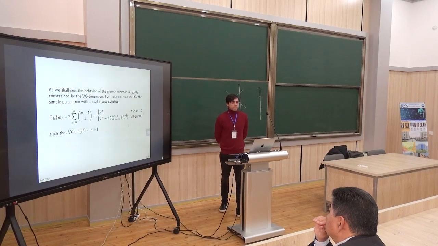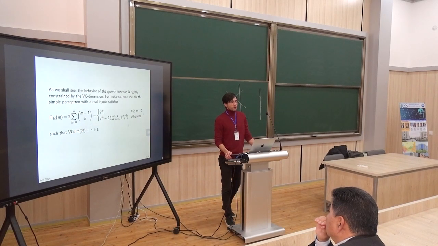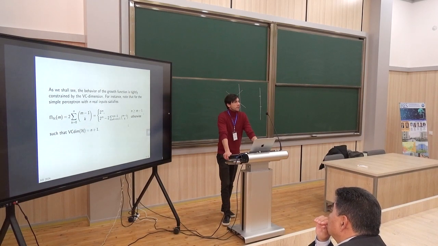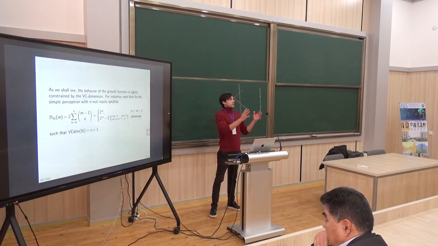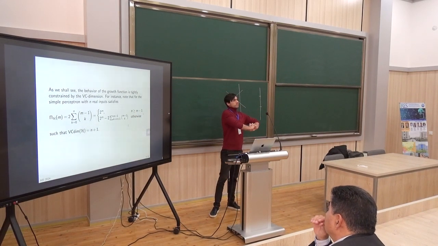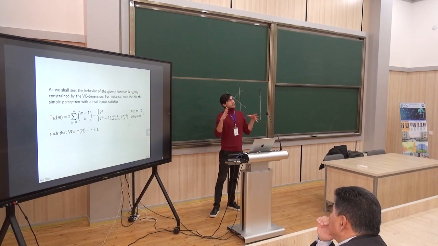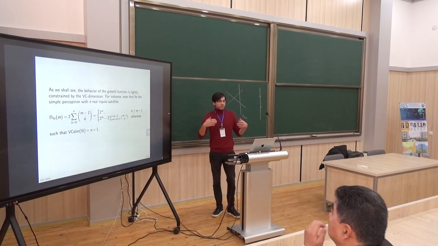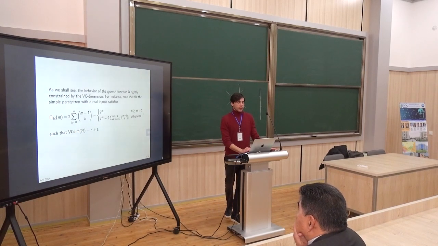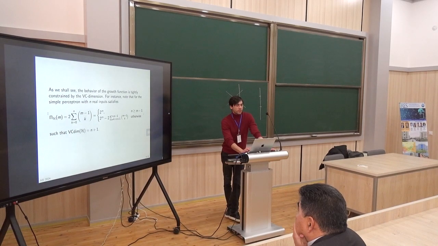We will see that the behavior of the growth function is tightly connected to, and tightly constrained by, the VC dimension. The growth function is the number of dichotomies that you can express on a data set of a particular cardinality, and the VC dimension tells you the largest size of the data set for which that number is 2 to the power m. As an example, the growth function of the simple perceptron was this formula.